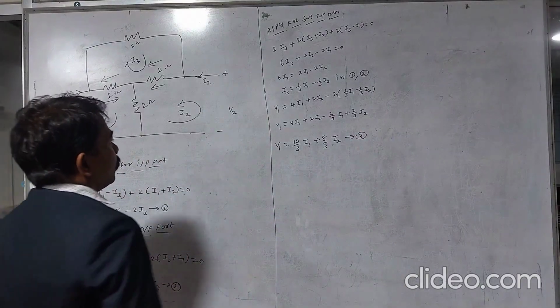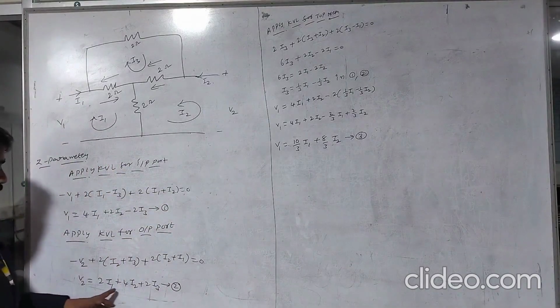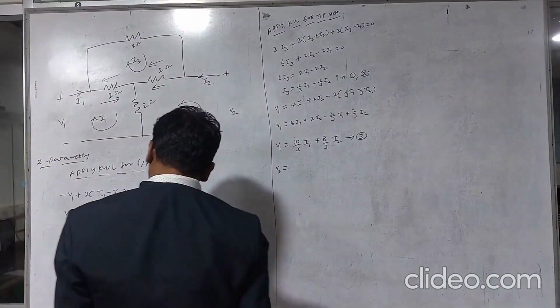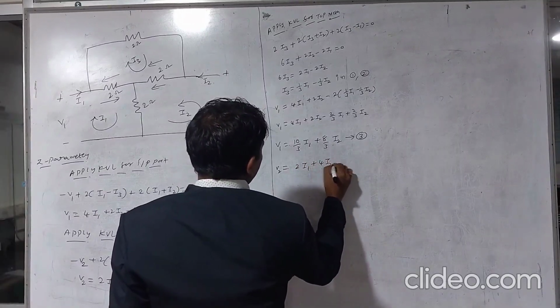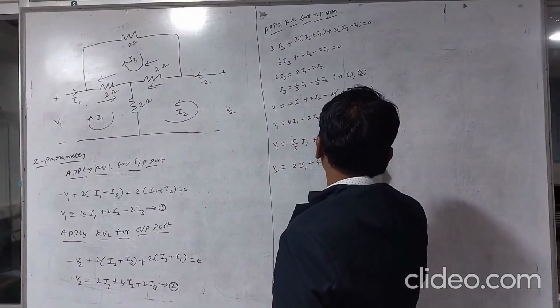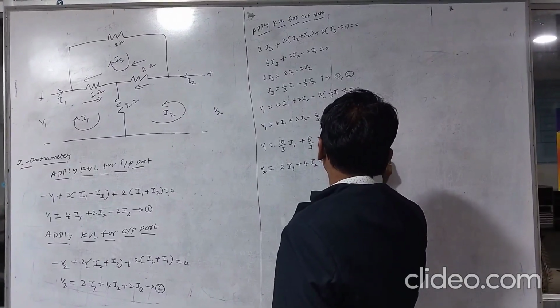And then from the second equation, V2 equals 2I1 plus 4I2 plus 2I3. Instead of I3, I would like to replace 1 by 3 I1 minus 1 by 3 I2.